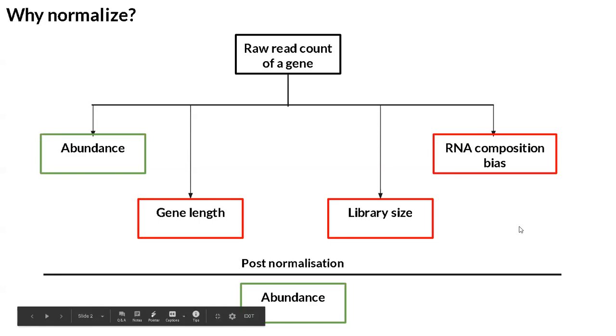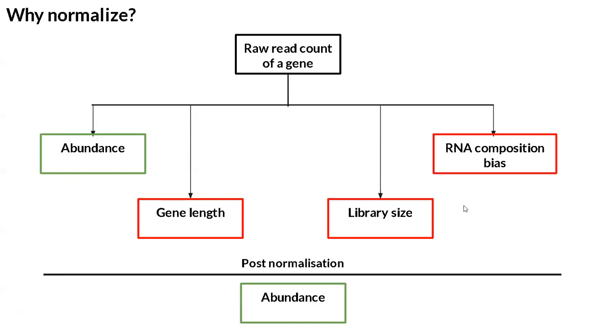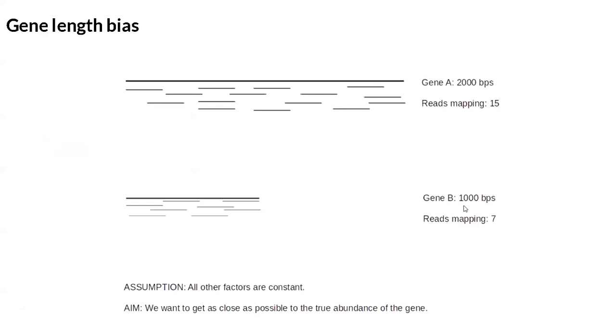I'll explain what I mean by taking these examples one by one. First, let's talk about the gene length bias. Imagine there are 2 genes within the same sample: gene A and gene B. Gene A is 2000 base pairs long and gene B is 1000 base pairs long.